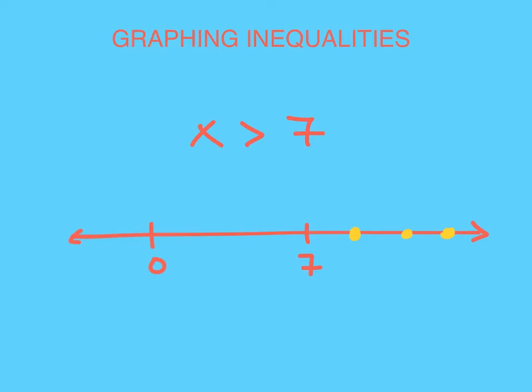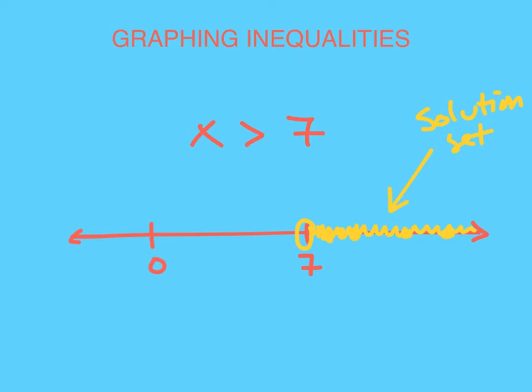I could even think about 7.5, 7.75, 7.1, all of those numbers. And so what I do is, if I'm graphing this, I'm simply going to put an open circle around the number 7 and shade to the right. The shading shows me my solution set, where my answers would be if I'm talking about this inequality.